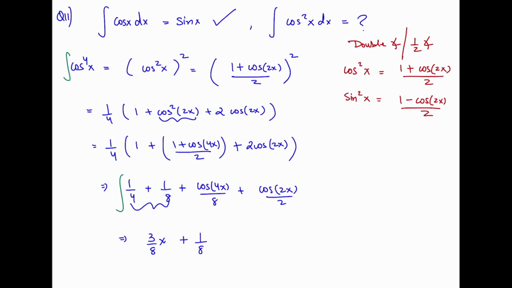The integral of cos of 4x is going to be sine of 4x divided by 4. Plus 1/2 stays outside. The integral of cos of 2x is sine of 2x divided by 2. Do you guys agree with me? That's how we're going to formulate this, right?